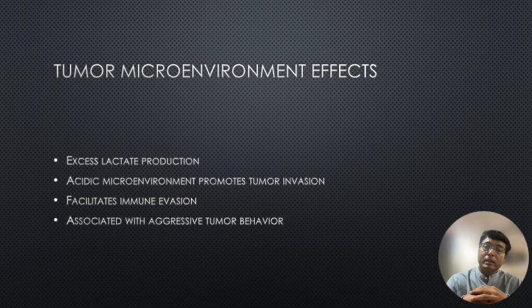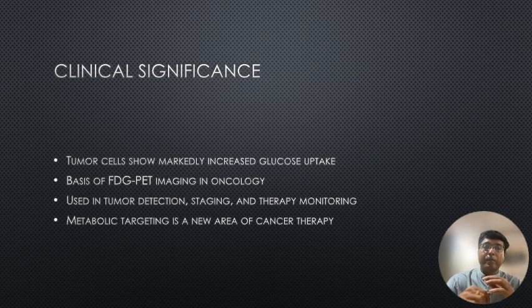Now let's discuss some of the clinical significance of such behavior. Tumor cells show markedly increased glucose uptake, and this is the basis of FDG-PET imaging, PET imaging in oncology, and it is used in tumor detection, tumor staging, and therapy monitoring. It's a very important part.